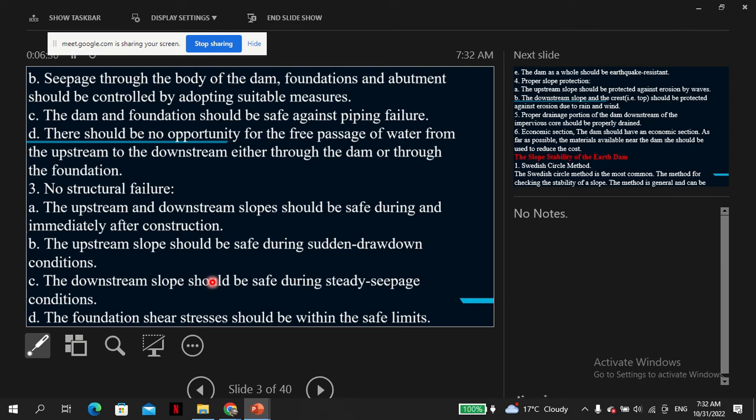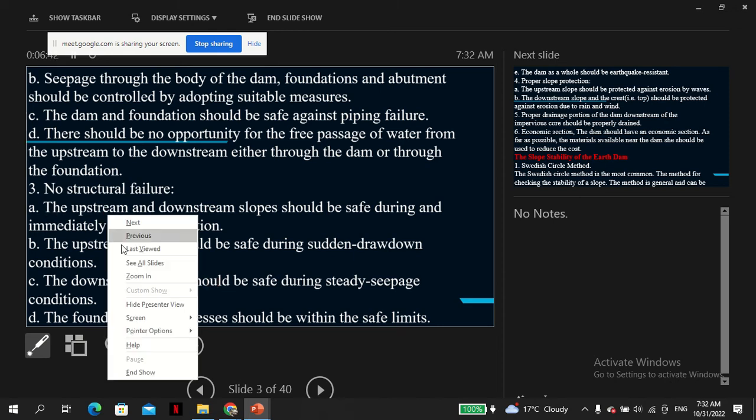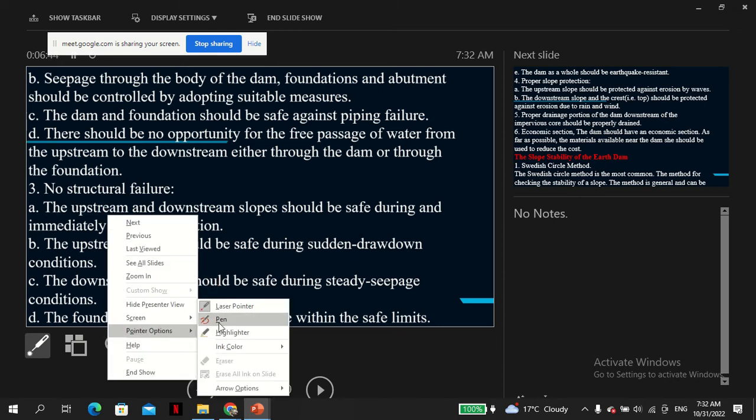The upstream slope should be safe during sudden drawdown condition, and this is a challenge because, let me demonstrate here.